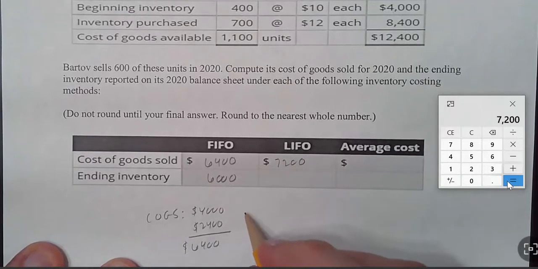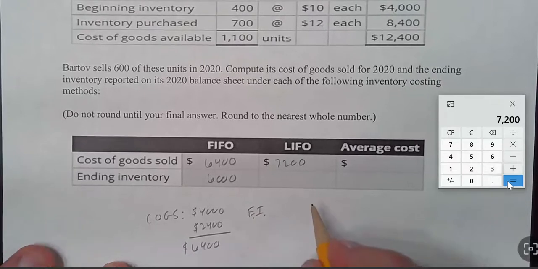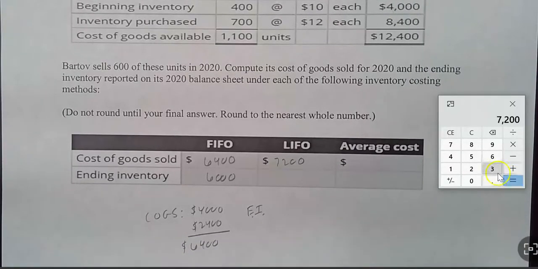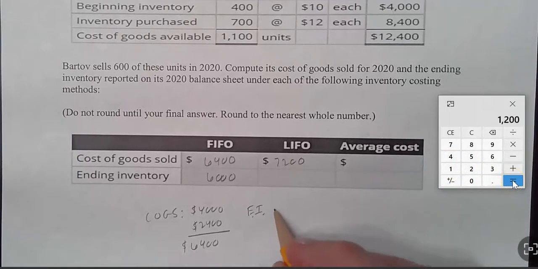So with LIFO, instead of looking at cost of goods sold, we're going to look at ending inventory. And we're going to say that our ending inventory is made up of two parts. We still have 100 of these units at $12 a piece. 100 times $12 gives us 1,200.